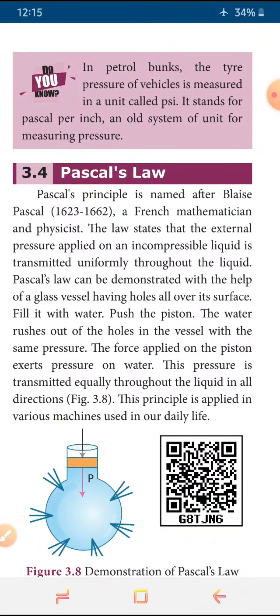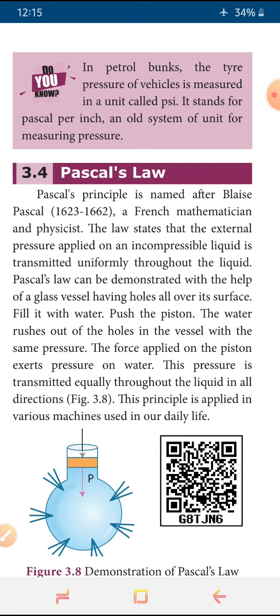Have you checked that when we are filling air in the tire? It's shown by the value PSI. It stands for pounds per square inch. This is the old system that we are using for measuring pressure. Actually, nowadays we are using Pascal, no? But there we are using PSI. This is the old system we are following to fill the tire.